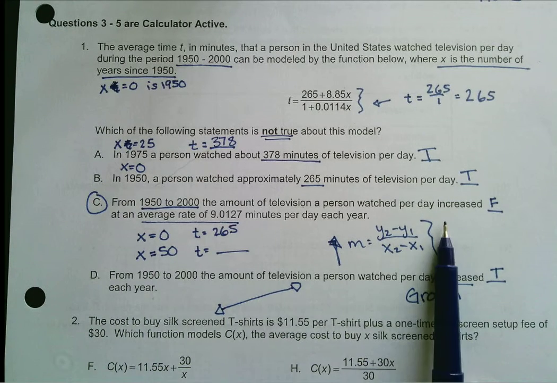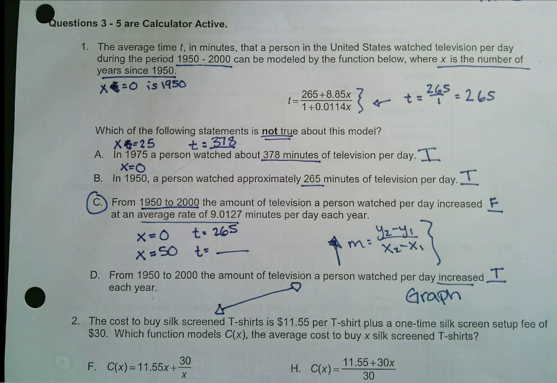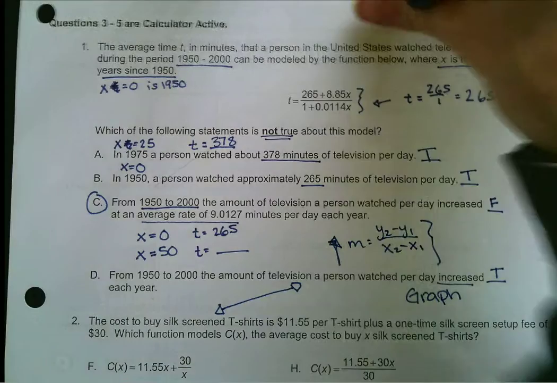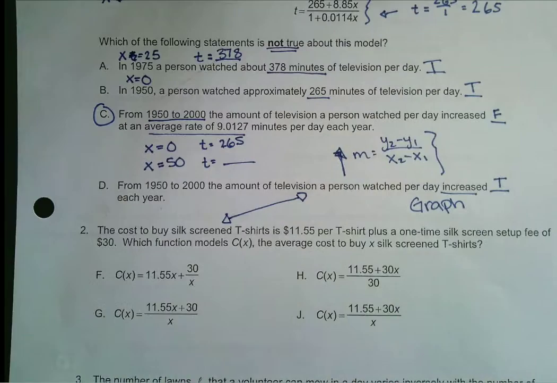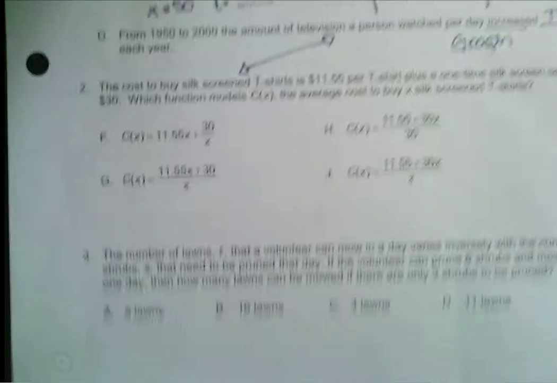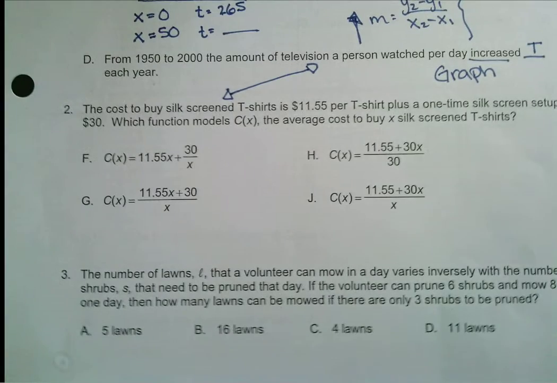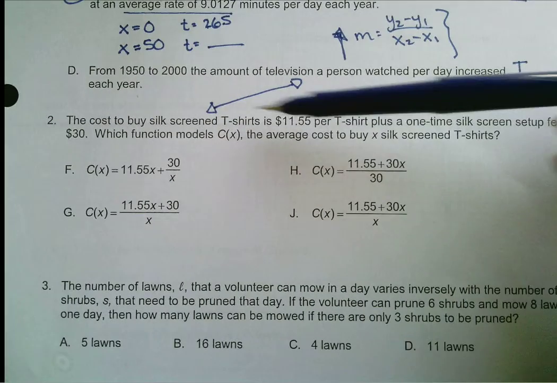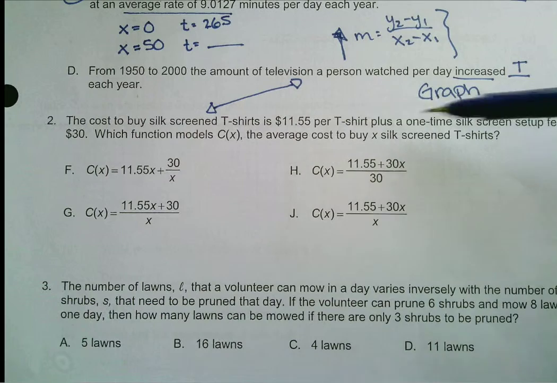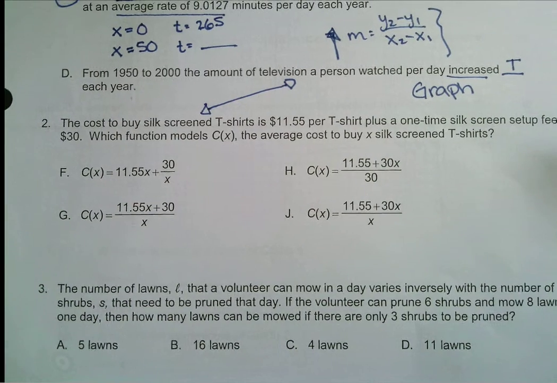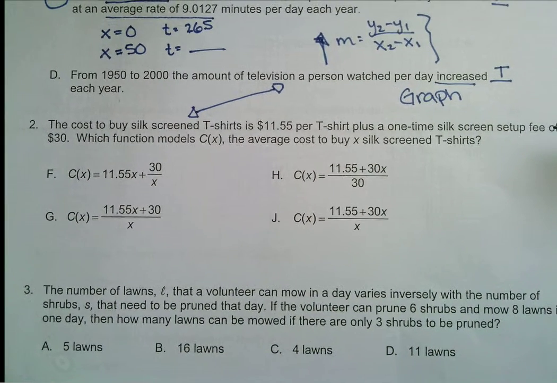Question 2 is about buying some t-shirts. It says the cost to buy silkscreen t-shirts is $11.55 per t-shirt plus a one-time silkscreen setup fee of $30. Which function models C of X, the average cost to buy X silkscreened t-shirts?